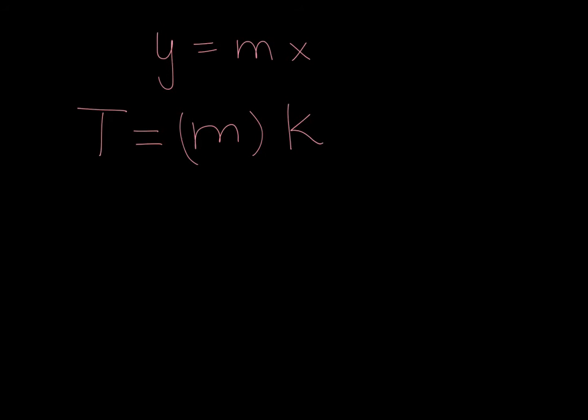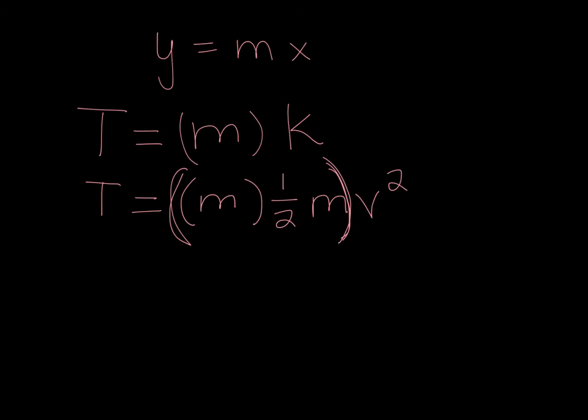But if I expand k to be 1/2 mv squared, so I have t equals some value of slope times 1/2 m v squared, I get back now to my original graph form, and I'm going to make parentheses here and here, because what I'm going to say is if the function that I got from the data was this, perhaps the m over here is all this.